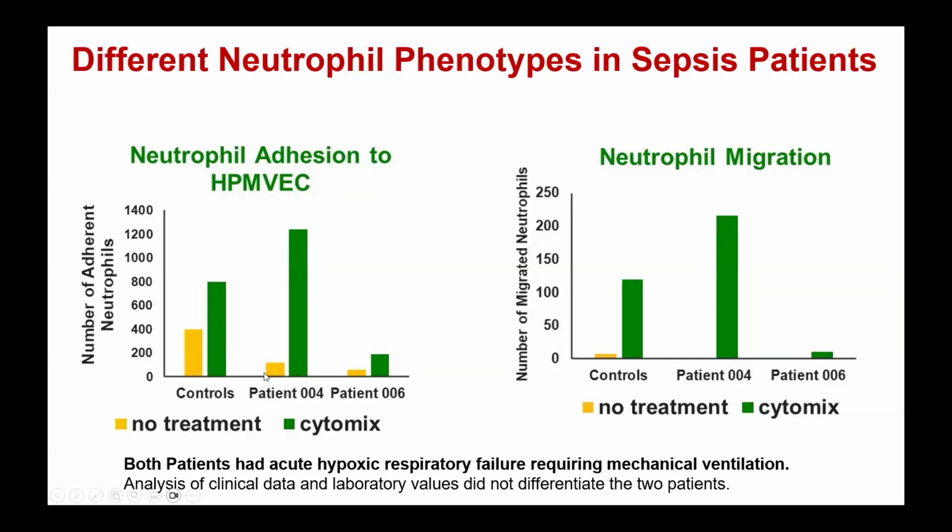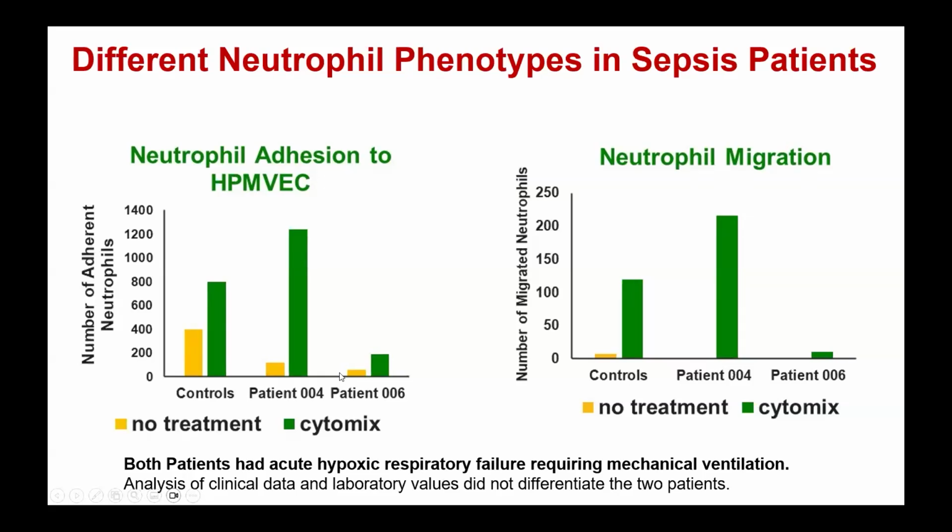If you look at neutrophils from patient number 4, when there is no treatment, they are at a low level of adhesion, as you would expect. However, if you treat with cytomix, patient 4 suddenly shows a very rapid and high response to adhesion, meaning that a lot of neutrophils start attaching. However, if you look at patient 6, it doesn't care.